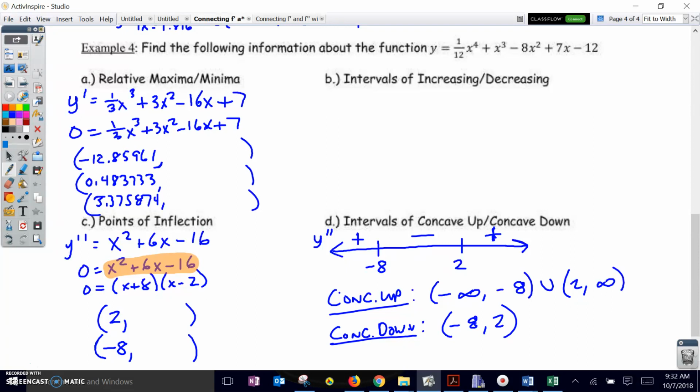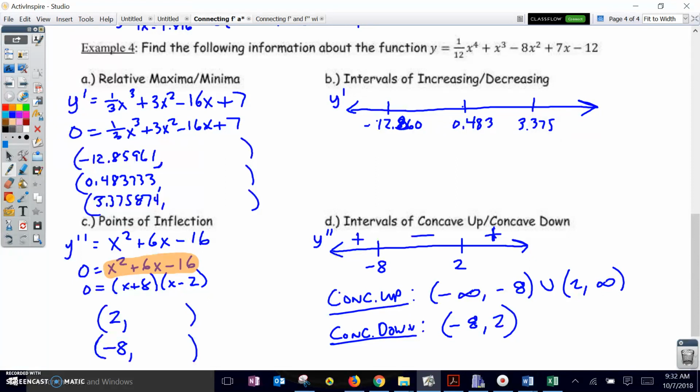But first we're going to do the intervals of increasing and decreasing. And so I'm going to set up a sign chart here. Negative 12.860, 0.483 and 3.375.